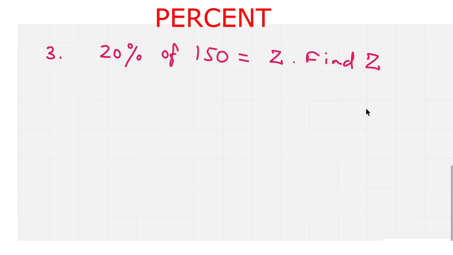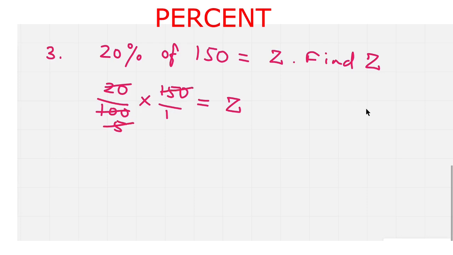We go to the third example. 20% of 150 equal to z. Find z. We solve like this: 20 upon 100, which is 20%, of 150, which we put in place of y, equal to z. Now 20 cancels 100 for 5 times and 5 cancels 150 for 30 times.